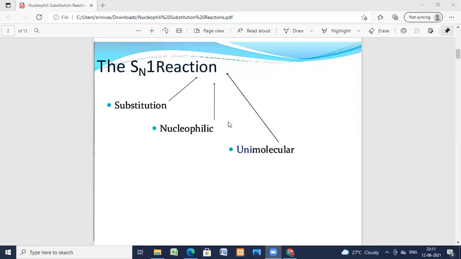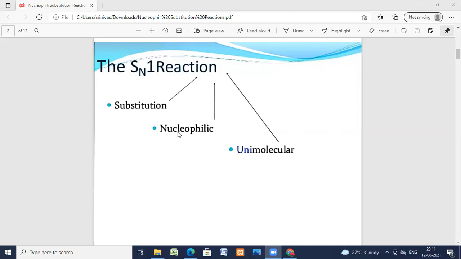The presence of positive charge on the carbon makes it susceptible to attack by nucleophiles.